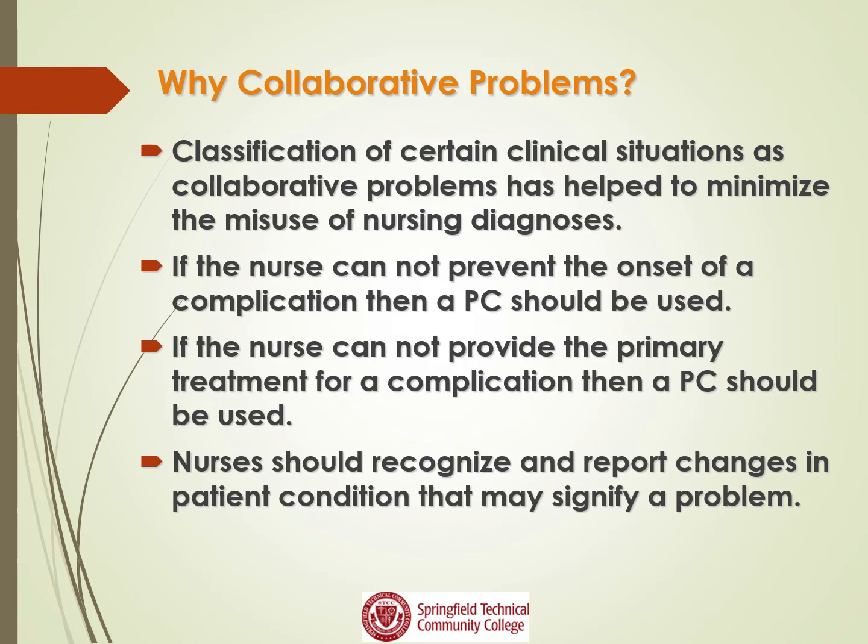If my patient's normally hypertensive with a systolic in the 140s or 150s, and the CNA comes to me and says, Mr. Smith is now 89/57, my alarm bells should ring in my head and I should say, I should probably notify the doc because that's pretty far off his baseline.